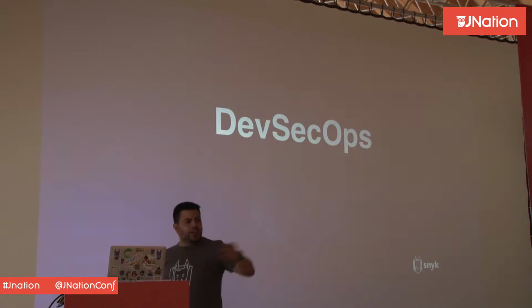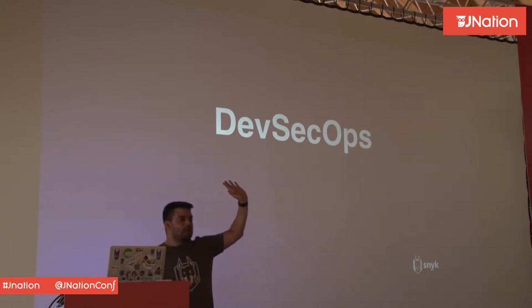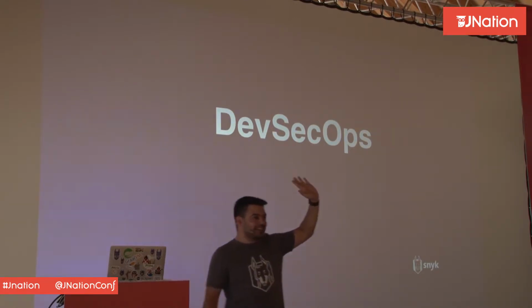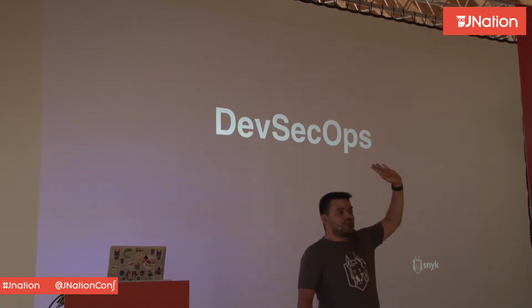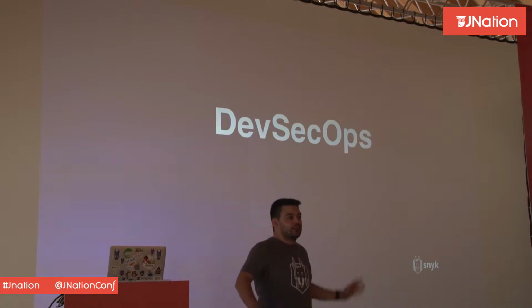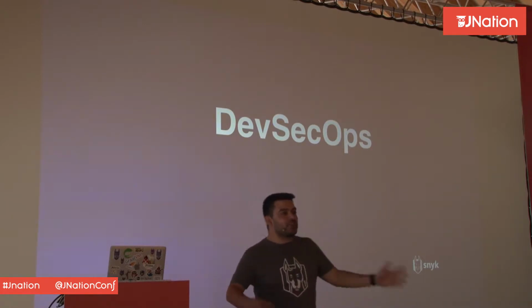So, who's heard of DevSecOps? No one, huh? Well, who's heard of DevOps? Right, and whoever hasn't got their arm up has probably got a problem with their arm or their elbow, because everyone's heard of DevOps.